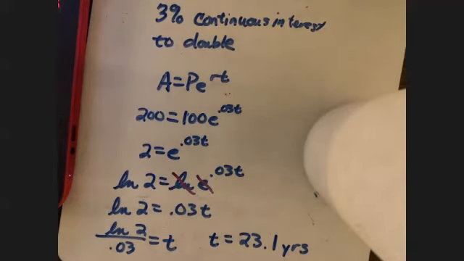Now, the next one that they give us, for this one they were talking about the world population reaching 6 billion people in 1999 and continuing to grow exponentially. By the end of 2010, it had grown to 6.947 billion, okay?